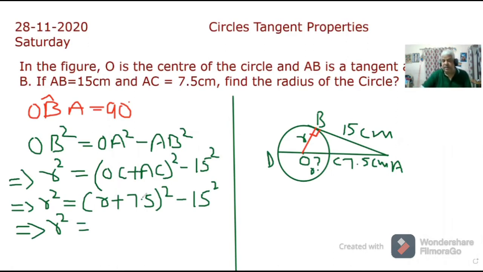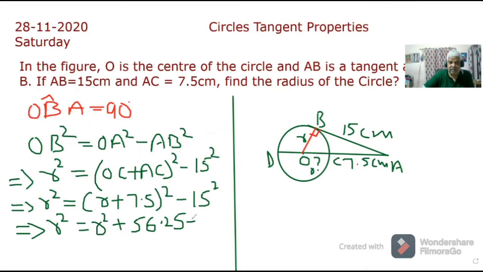Now observe, A plus B whole square formula is A square plus B square plus 2AB. That is R square plus 7.5 square. 7.5 square is 56.25.